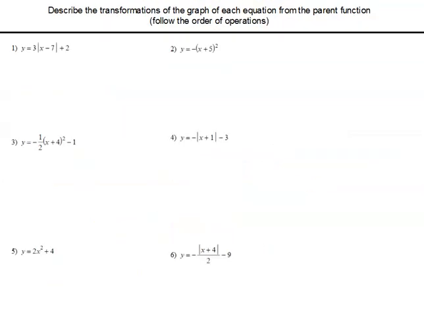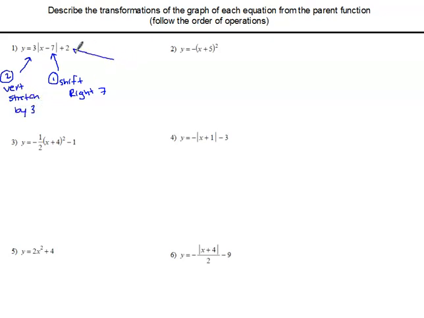I'll do 1 or 2 for you, and then I'll leave you with the rest. Number 1, I work inside out. The first thing that I do is I shift everything to the right 7. The second thing I do is I multiply my y values by 3. That is a vertical stretch by 3.